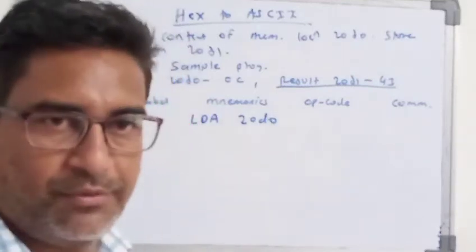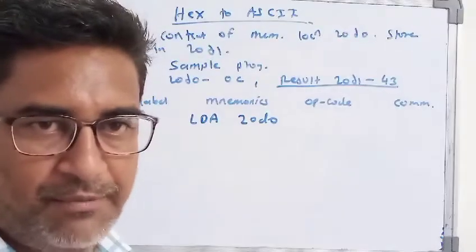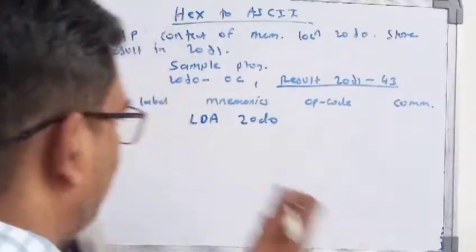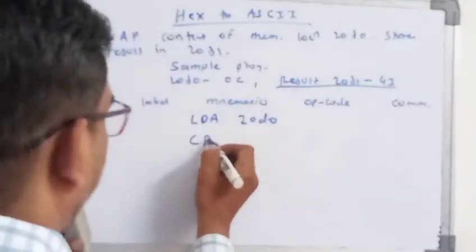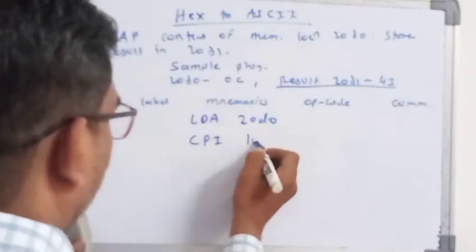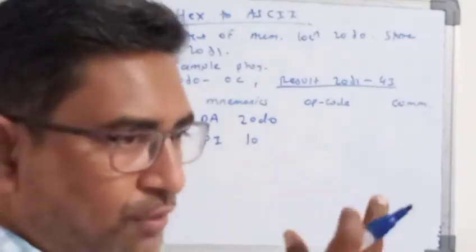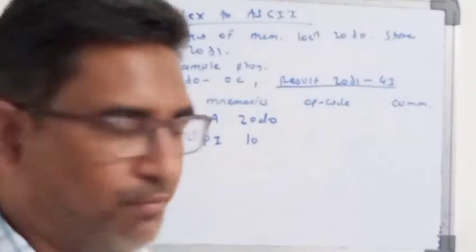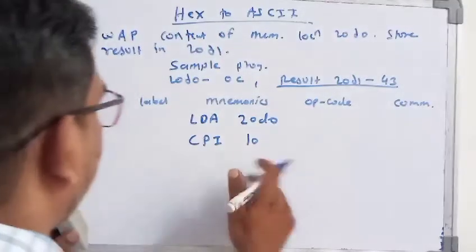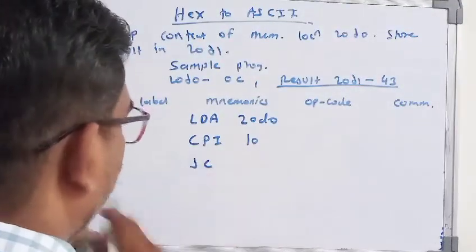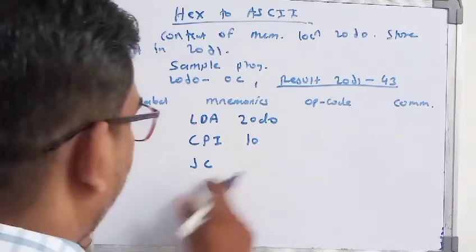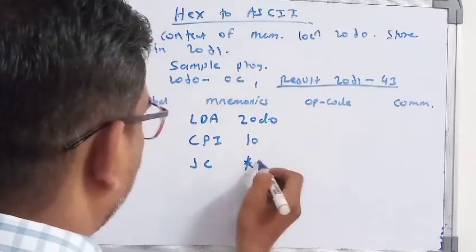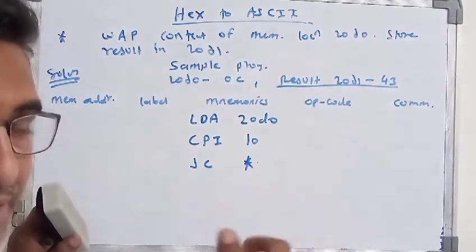Then you have to compare immediate that particular value, so you have the instruction CPI. The numbers 0 to 9 means it is 10 numbers, so CPI 10. Then jump if carry, JC. Where to jump? We don't know. We just write down the star mark, then we will decide where to jump.